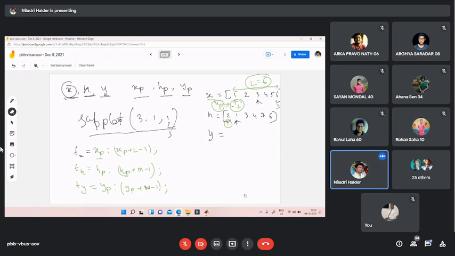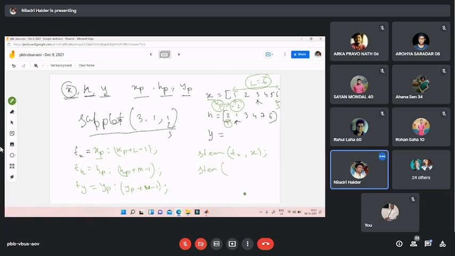So now simply display using stem. First displaying the x: the x axis will be tx, the y axis will be x. That will give you the input x.